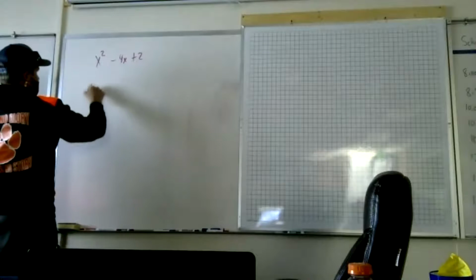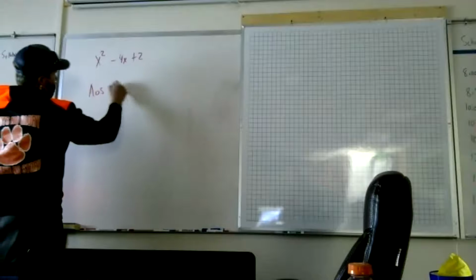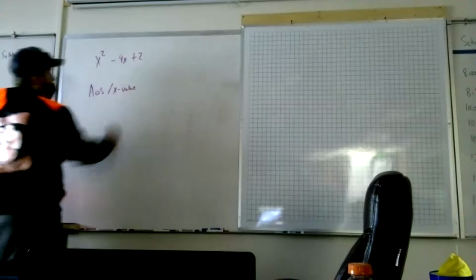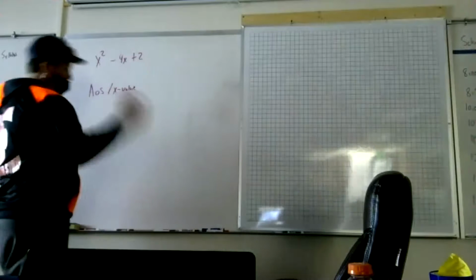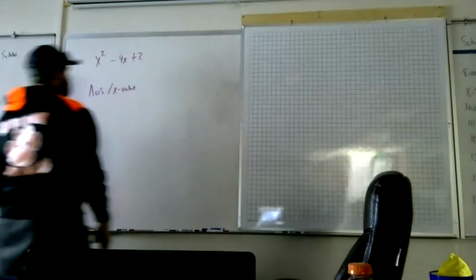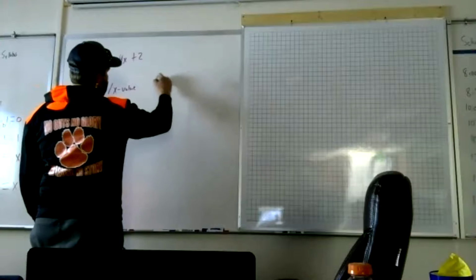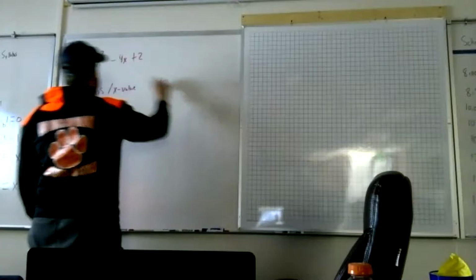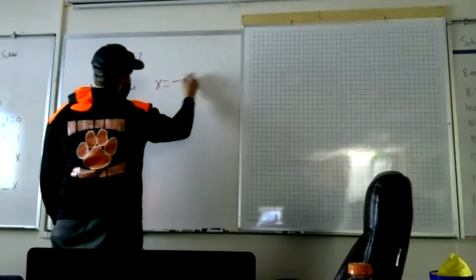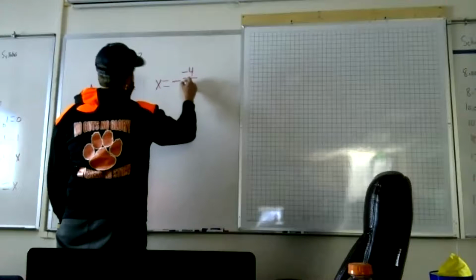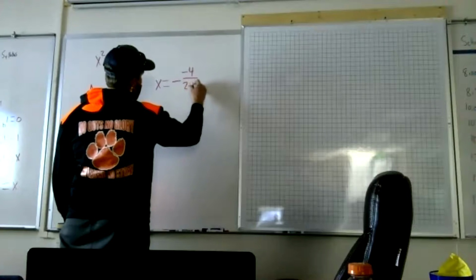So the axis of symmetry and the x value of the vertex are at the same location, and they are found by running it through x is equal to negative b over 2a. So in this case, x is equal to negative negative 4 over 2 times 1.